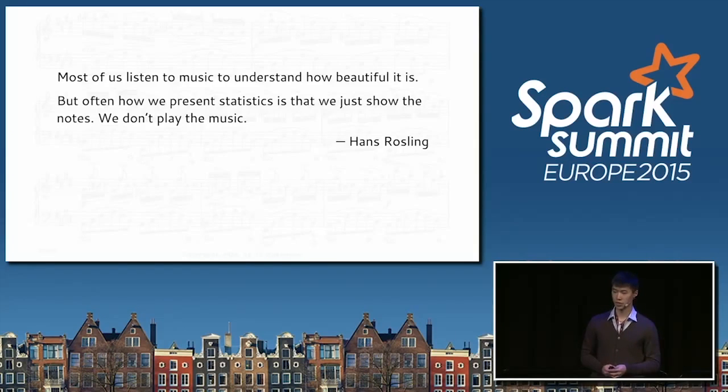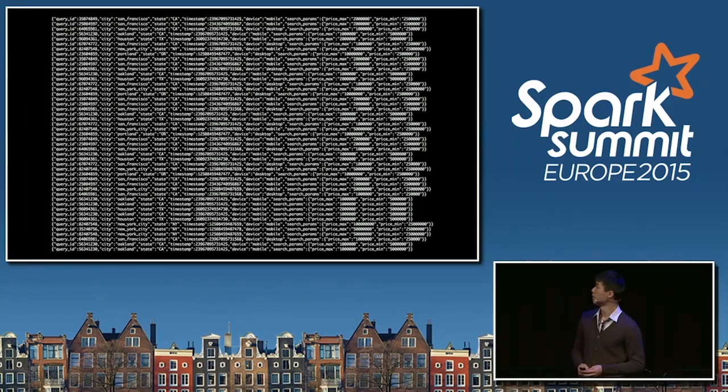So essentially what he's trying to say is that a lot of people look at data and they get lost in the details. They get lost in the low-level numbers, the tables and percentiles and so on. But they fail to appreciate the bigger picture of what the data is trying to say. As an example of that, here's some data from Trulia, which is a real estate company in the US.